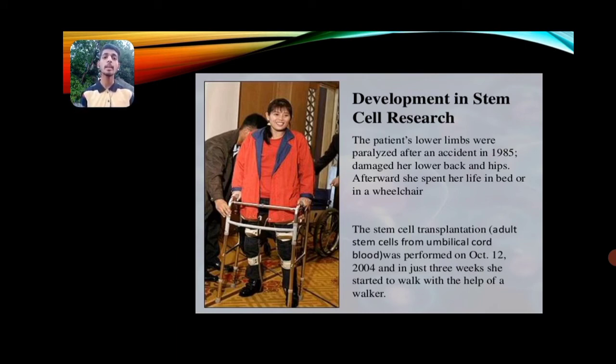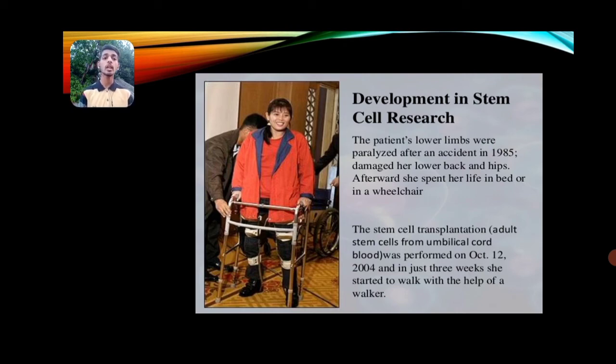But with stem cell therapy, the stem cell transplantation, adult stem cells from her umbilical cord, which was collected during her birth, these umbilical cord stem cells were used to cure the accidental disease that affected that girl. And in just 3 weeks, by performing that stem cell transplantation on October 12, 2004, she started to walk with the help of a walker.